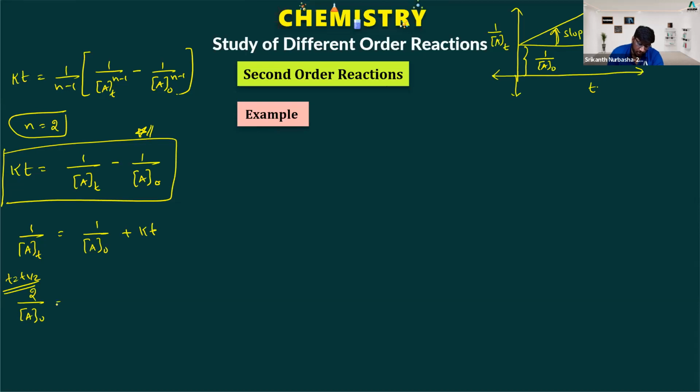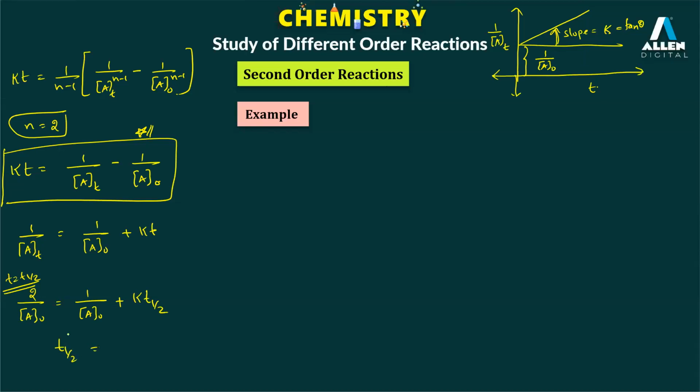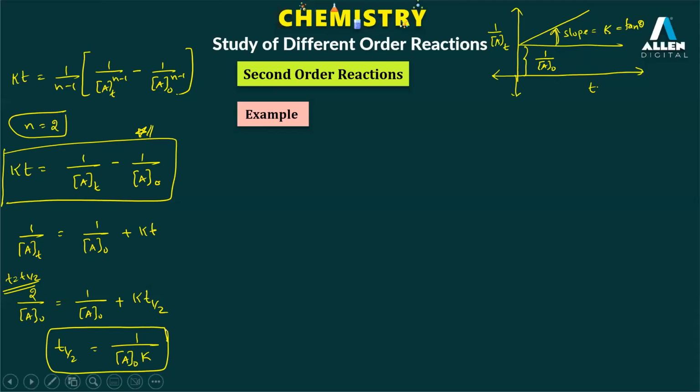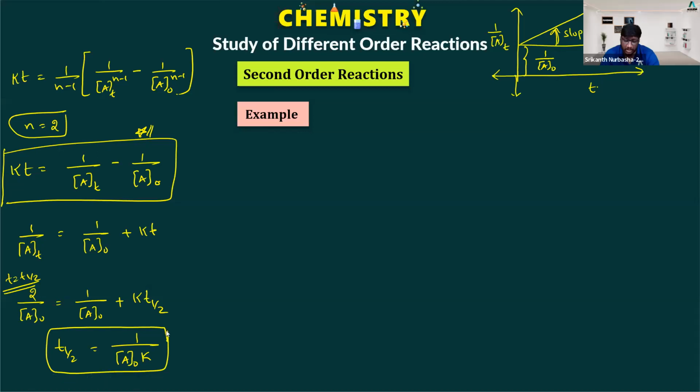So the 2 comes to the numerator. 2 by concentration of A at time t equal to 0 is equal to 1 by concentration of A at time t equal to 0 plus k into t half. So t half will be equal to 1 by initial concentration of A into k. Similarly, you can plot a graph between t half on the y-axis.